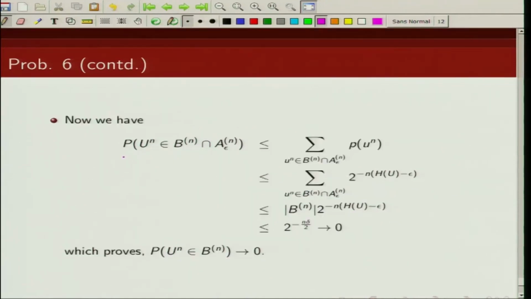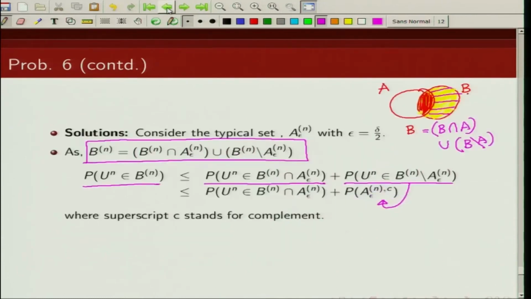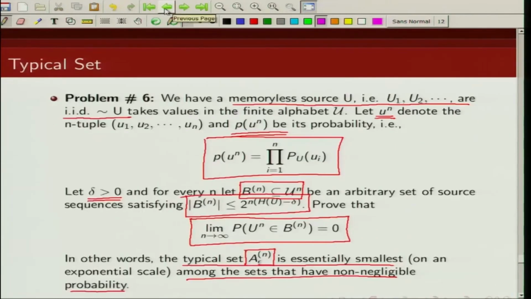Now what is this probability? This probability can be upper bounded by the summation of p(u^n), where u^n is in the intersection of B_n and the typical set. Now the cardinality of B_n, if you go back, is less than 2 raised to the power n(H(U) minus delta).